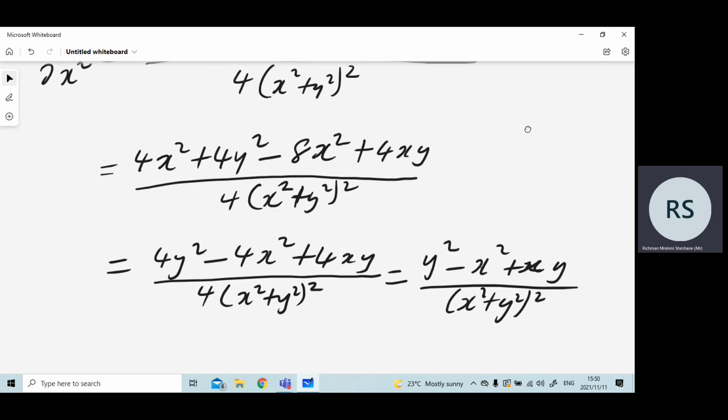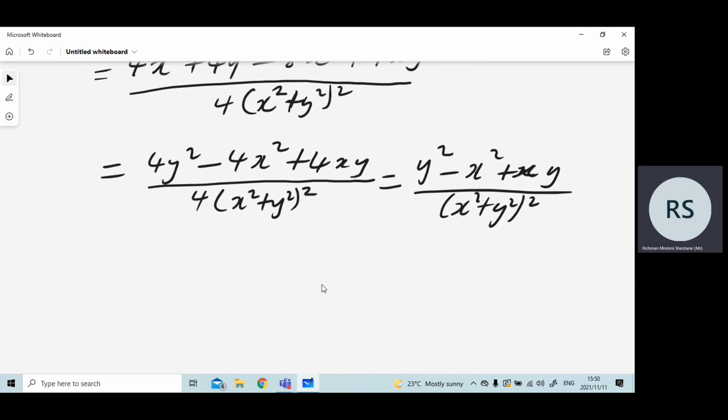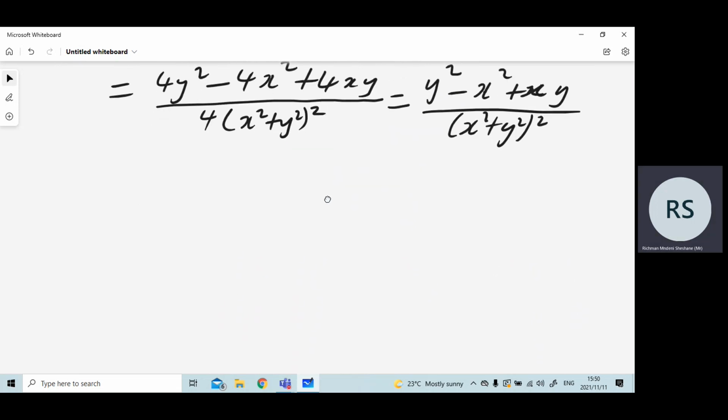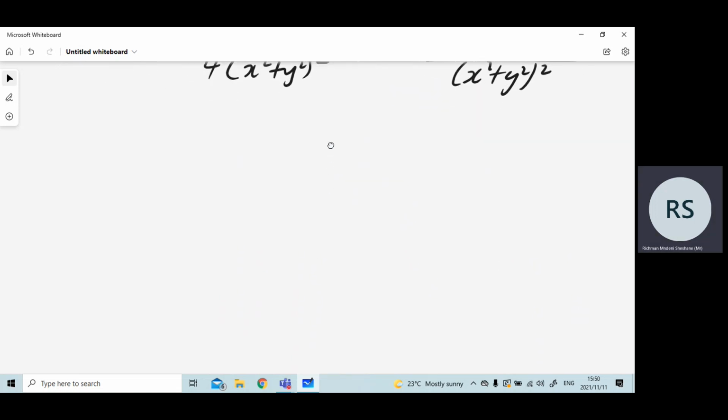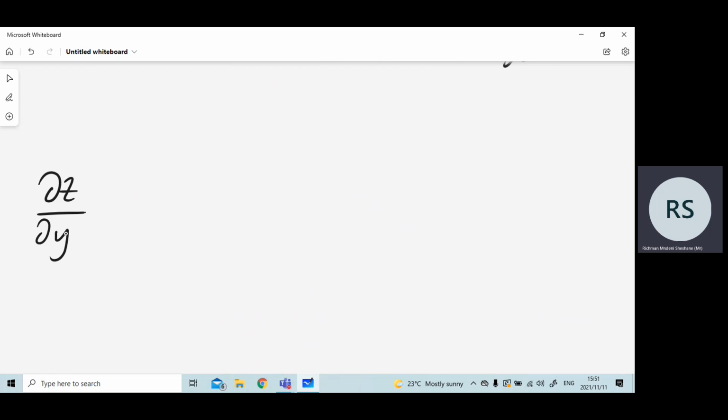Let's now find the second term, which is the second partial derivative with respect to y, so we need to find the first partial derivative with respect to y from z. Let me rewrite it here.